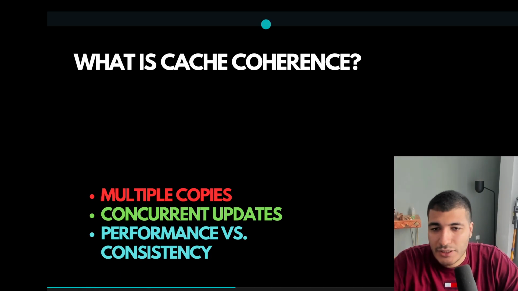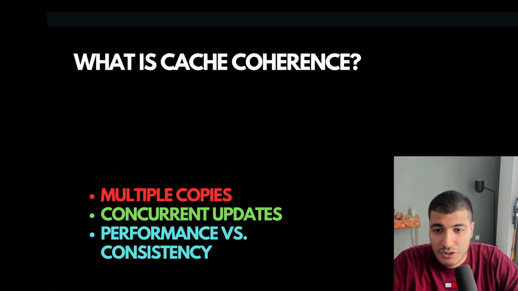Okay, so what is cache coherence? At its core, cache coherence refers to the challenge of maintaining data consistency between a cache and its authoritative source of truth, usually your primary database, or even across multiple caches that hold copies of the same data. Imagine you have a user profile cached on two different application servers and that user updates their email.